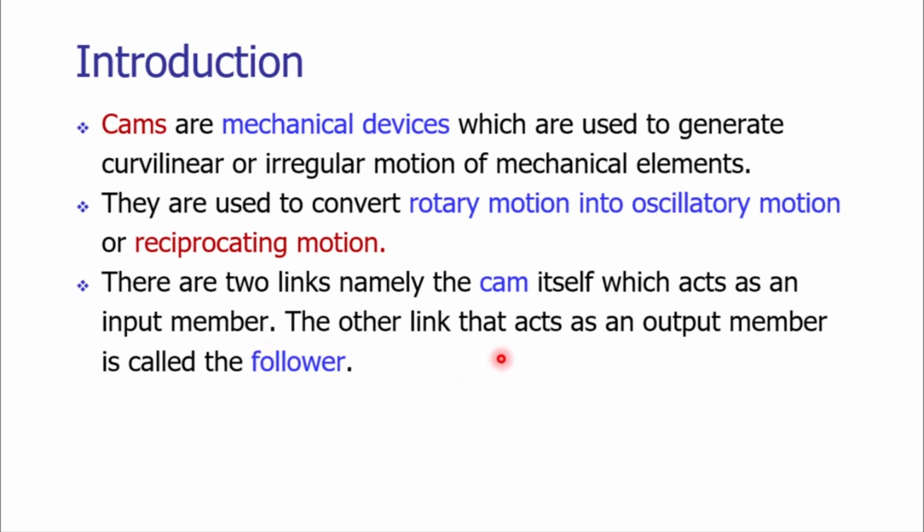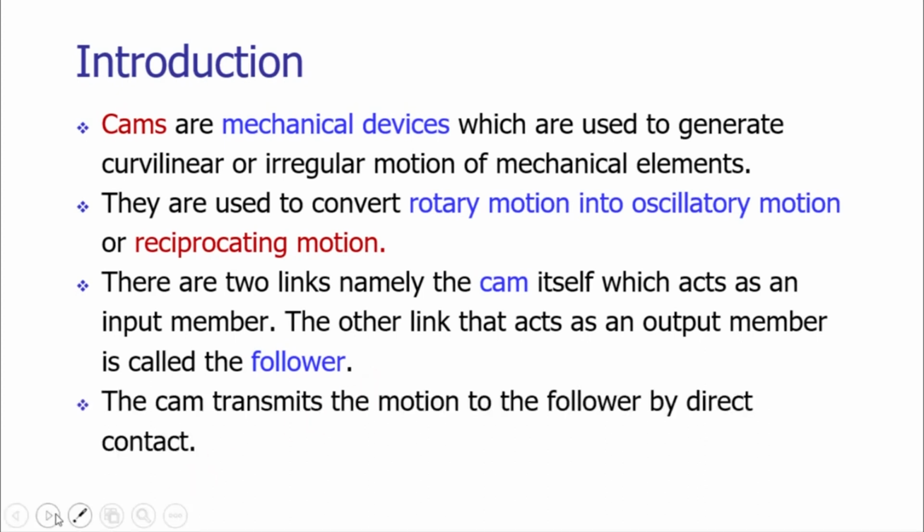Through the CAM, we apply the input motion, which is a rotating motion, and that rotary motion is converted into either oscillatory or reciprocating motion through a rigid body that we call the follower. There is direct contact between the CAM element and the follower element.